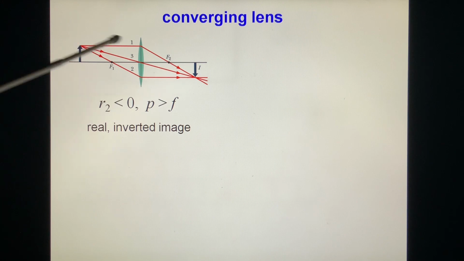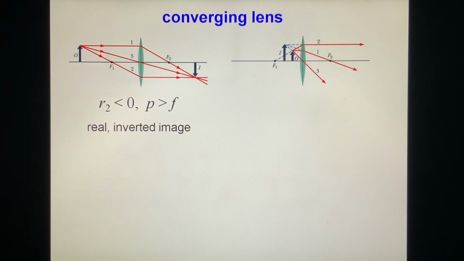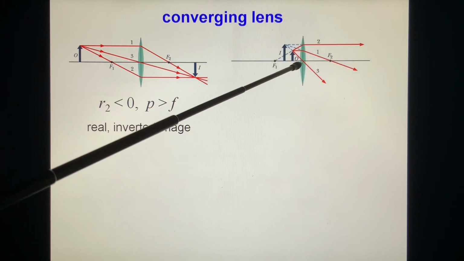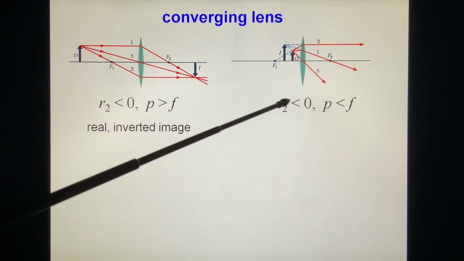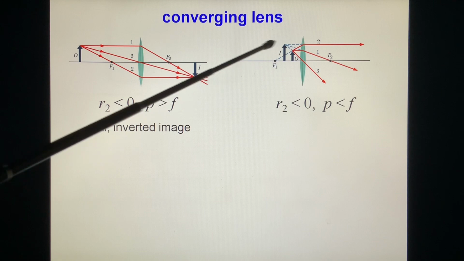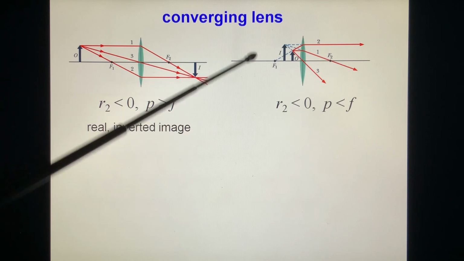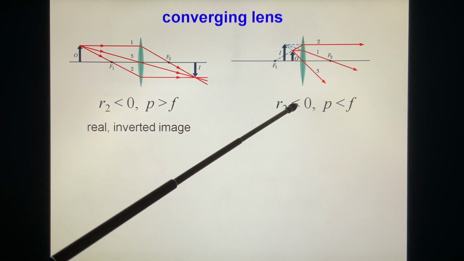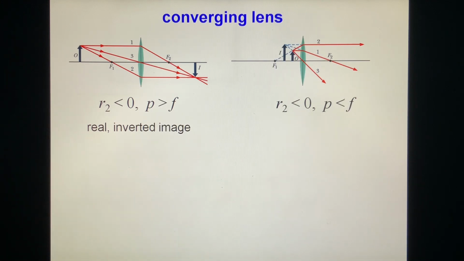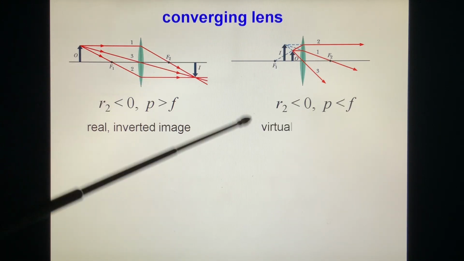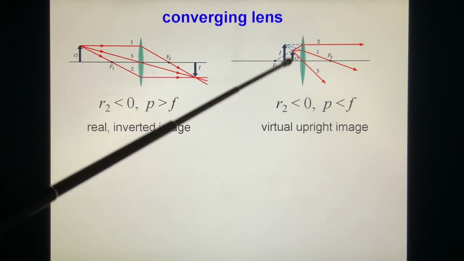Now we draw this. If we put the object inside the focus point, R2 is also here, on the virtual side, smaller than 0, but P is smaller than F, and we get a virtual upright image.